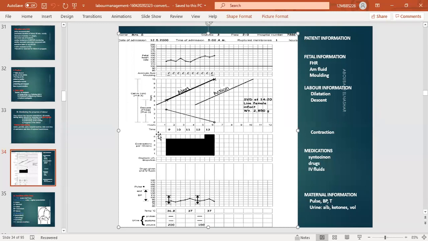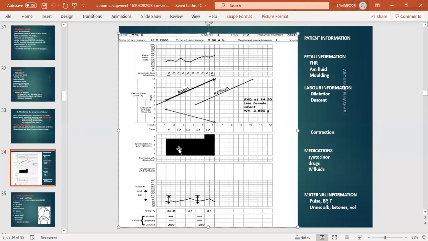Means this is the number of contractions that come in a 10 minute duration, and what is the duration of each contraction. So each contraction is lasting almost 60 seconds or 40 seconds.